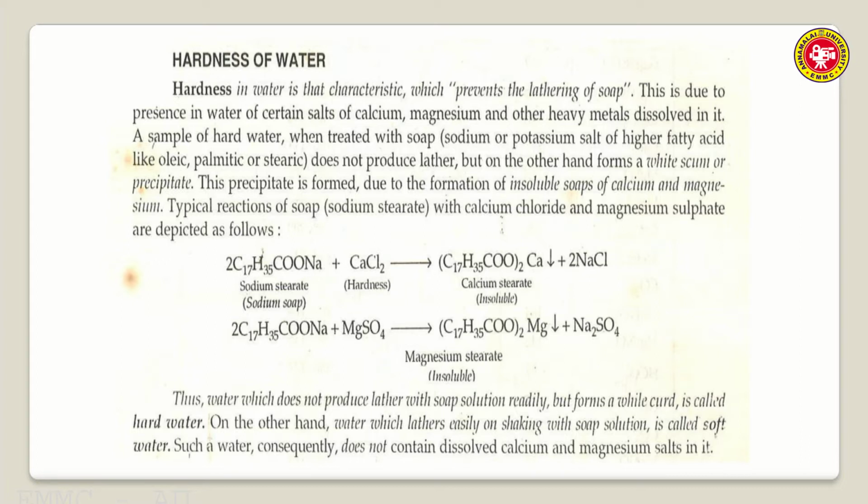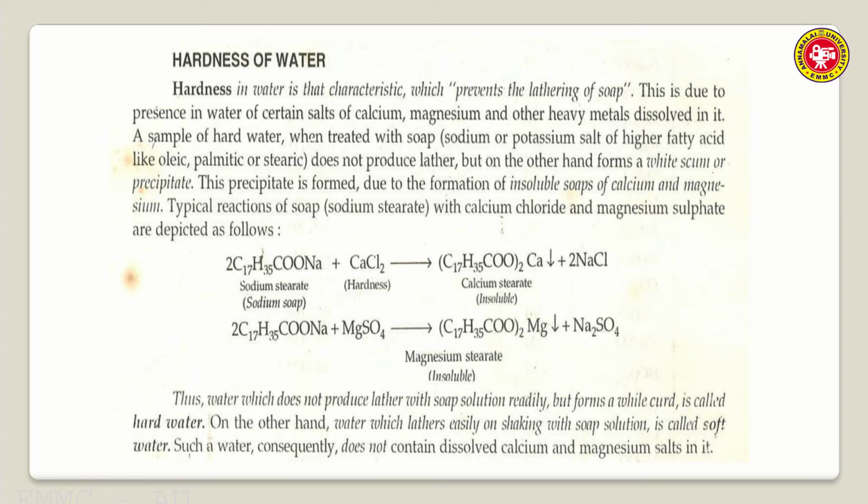If magnesium sulfate, a hardness producing salt, is present in the water, it will react with sodium stearate and form magnesium stearate, which is an insoluble precipitate. Thus, water does not produce lather with soap solution readily, but forms a white curd. Those curds are nothing but calcium stearate, magnesium stearate, etc. These are called hard water.